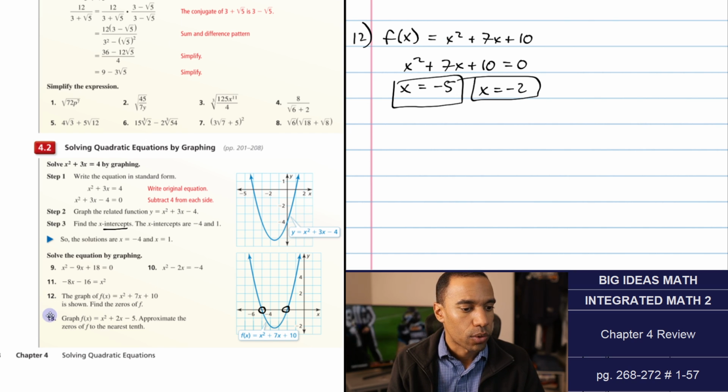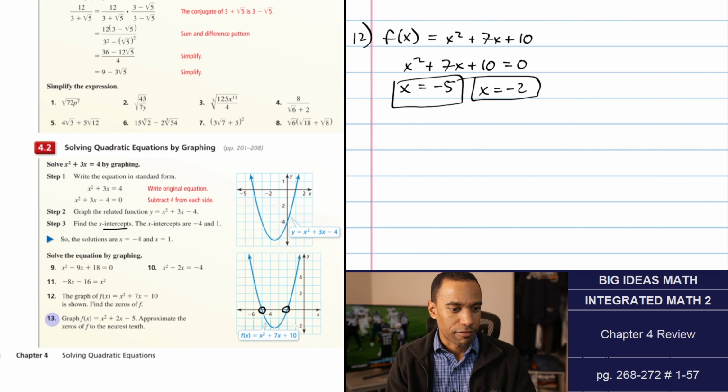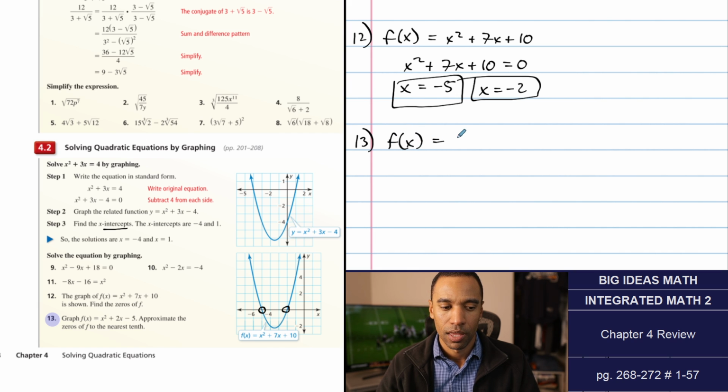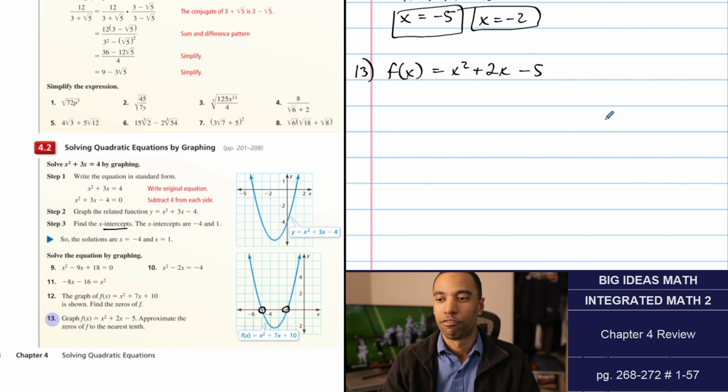Number 13, graph f of x equals x squared plus 2x minus 5. Approximate the zeros of f to the nearest tenth. Once again, completing the square looks like it's going to have its way with me when it comes to getting the graph out so I can get vertex form.